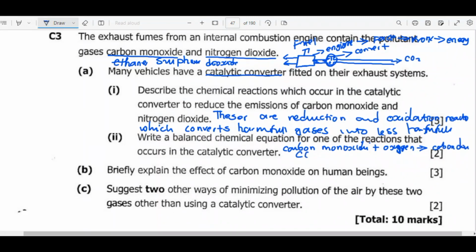So carbon monoxide is CO, which is a gas, plus oxygen gives CO2 as the carbon dioxide. Then to balance, we can put a 2 here and also a 2 here, then a 2 here, so that this equation is balanced.